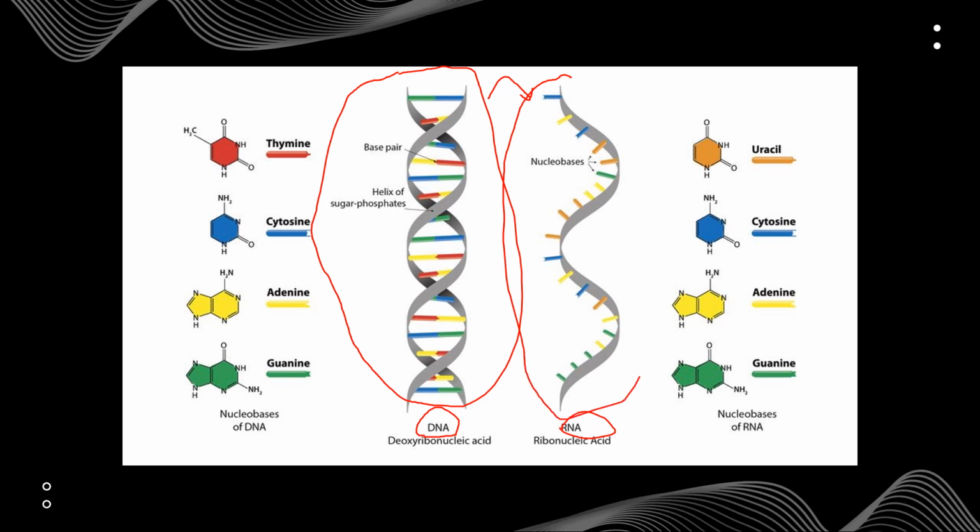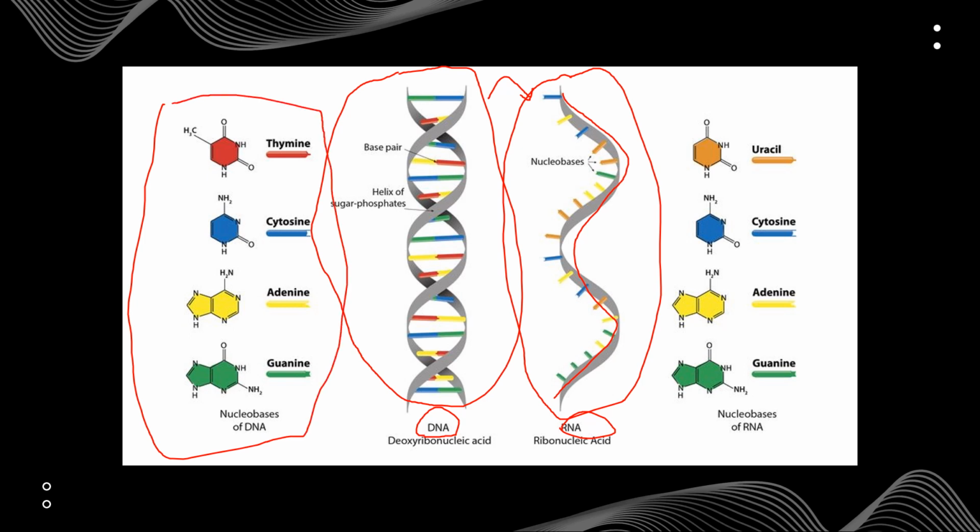You can see automatically that there's a structural difference over here. DNA is double-stranded and RNA is single-stranded. It doesn't have that double helix shape. How DNA stores all of this genetic code is through a sequence of things called nucleotides. You can see all of the nucleotides over here that are in DNA, and they come in pairs.